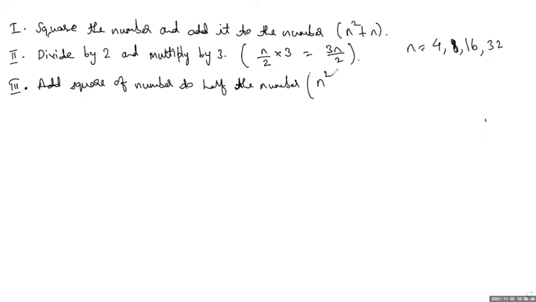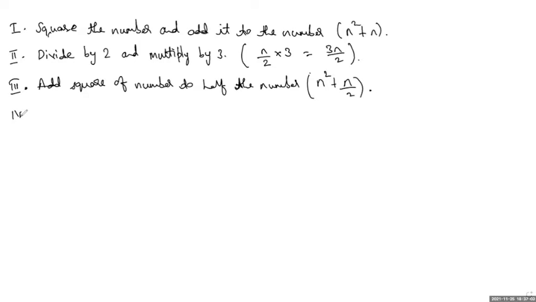What is half of n? n by 2. So n square plus n by 2. Did everyone understand rule number 3? Yes, ma'am. Okay, so simple. First square and then add the square of the number to half of the number. Half of the number is n by 2. So we should do n square plus n by 2. This is rule number 3.